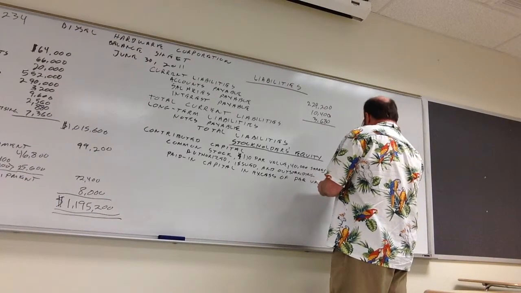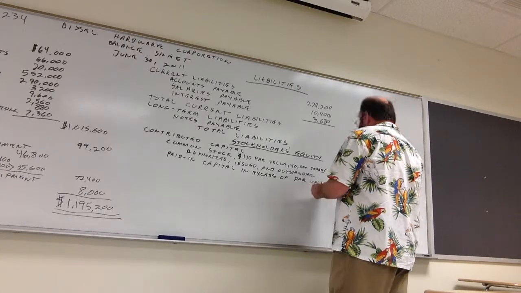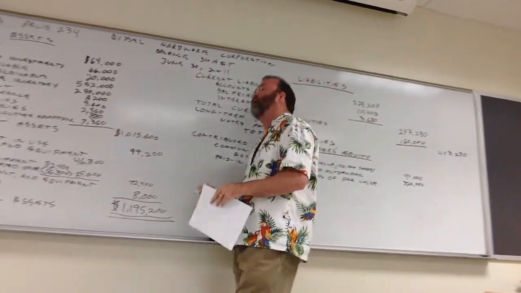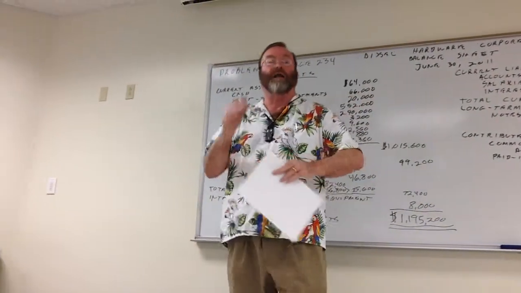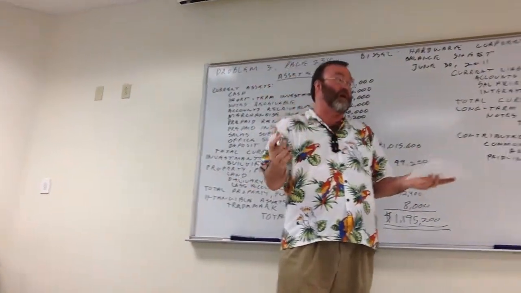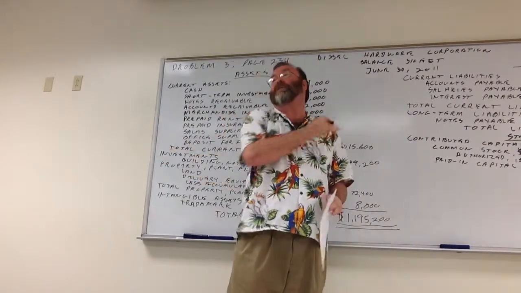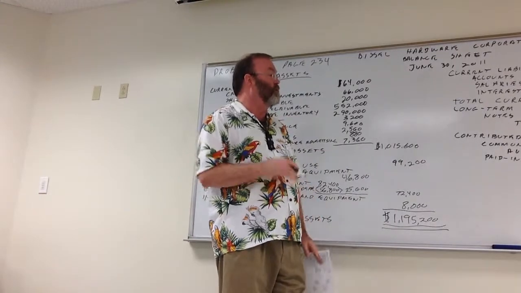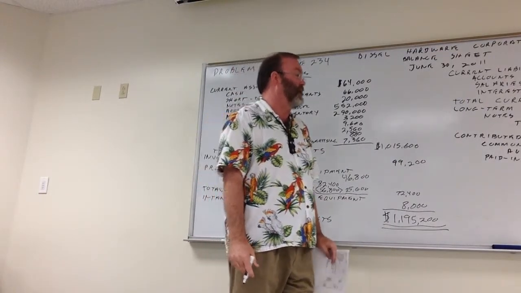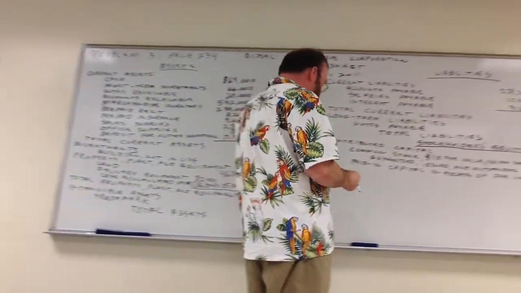That's 320,000. So if you sell the stock, you issue the stock to the shareholders for more than $1.10 per share, then the rest of the cash that you've received goes into this other contributed capital account called paid in capital in excess of par.